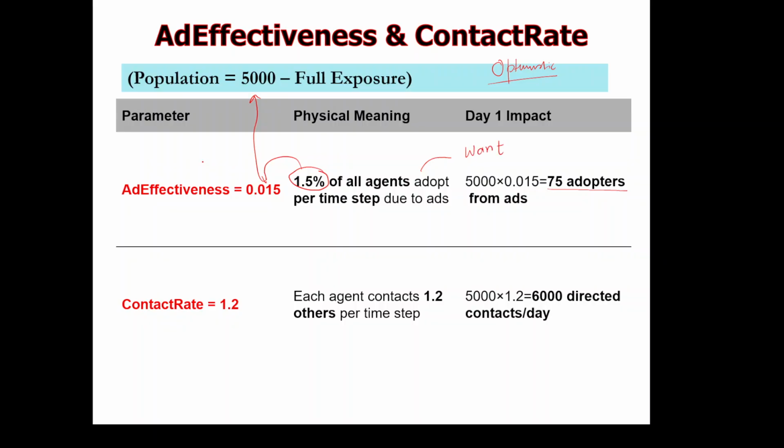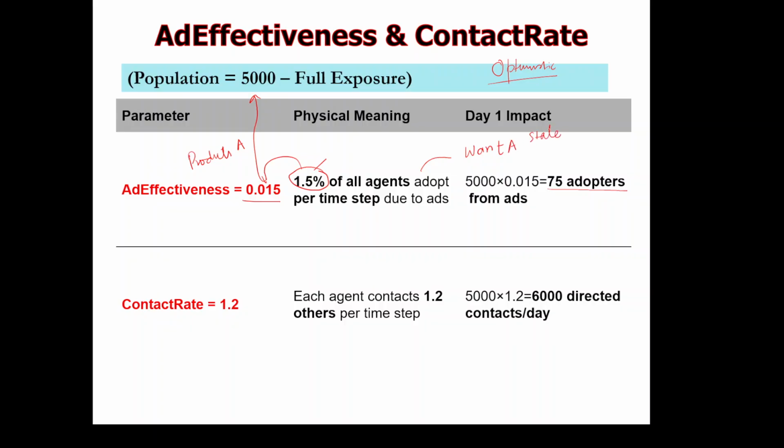Let's say we are talking about the product A, and the same discussion applies to the product B or C, whatever. So when this population comes across these ads, using this value of 0.015 or 1.5%, they immediately turn to want A state.